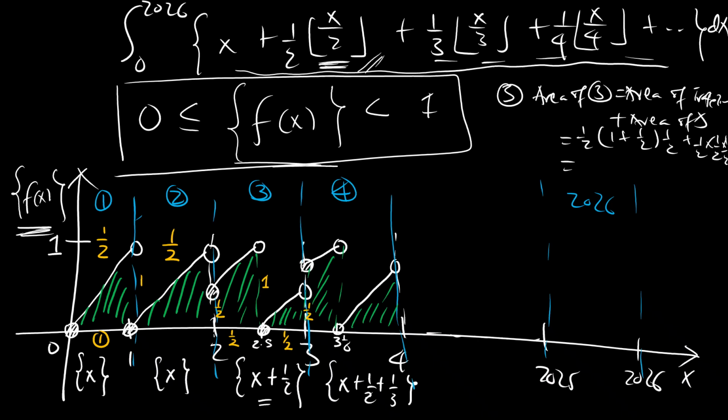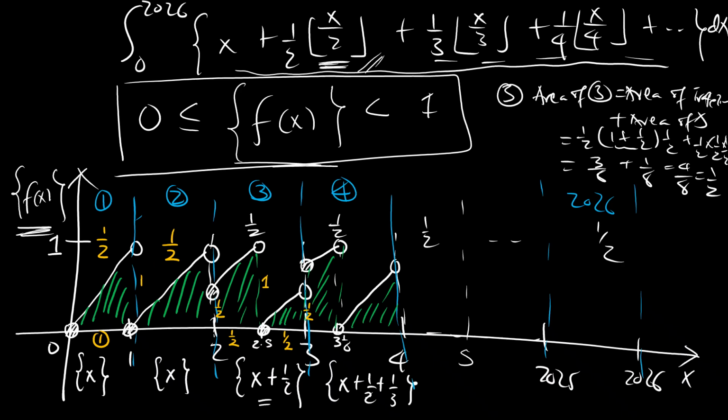So this is 3 over 8 plus 1 over 8, which is 4 over 8, which is equal to a half. So in other words, the area here is a half as well. And this area also is a half if you try to solve it. And if 5 here, we're also going to get a half, and here also a half.